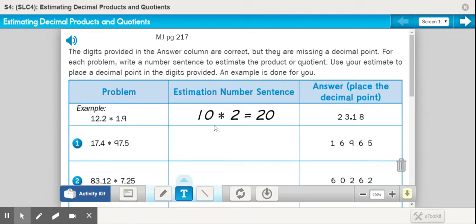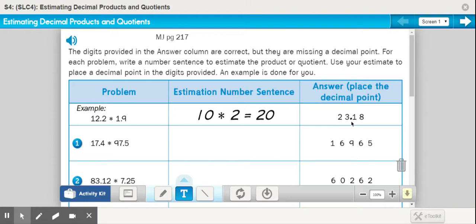So then you have 10 times 2 equals 20. So you know your answer is going to be somewhere near 20. So when you go to put your decimal in, you need your answer to be in the tens place. So we have tens, ones, decimal. Because remember, your decimal is always after your ones place.